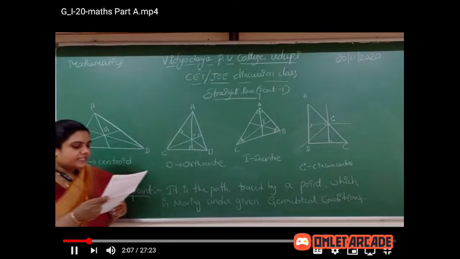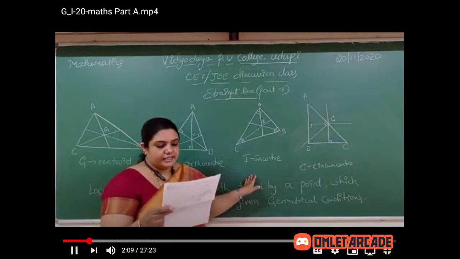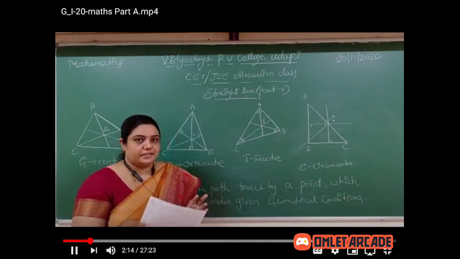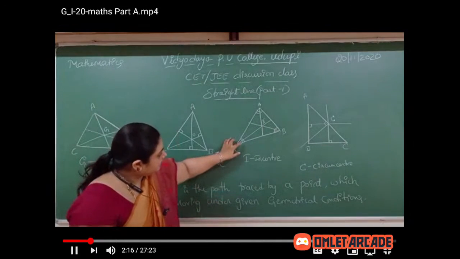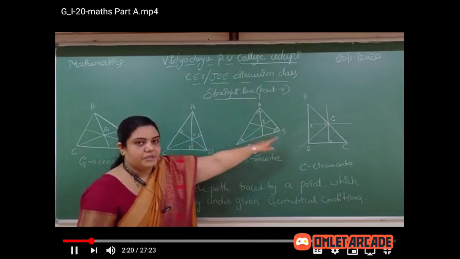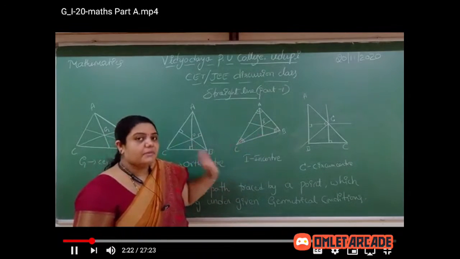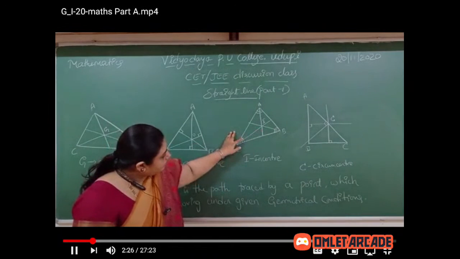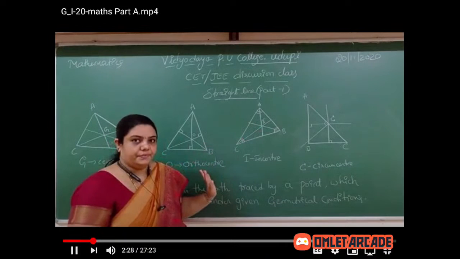Next, the incenter. We'll see the incenter. It is the point of intersection of three angle bisectors. Angle bisectors means, see, I have taken here, this is angle ACB. Angle bisector means, imagine if it is 60 degrees, then it will bisect it and make it 30-30 each.